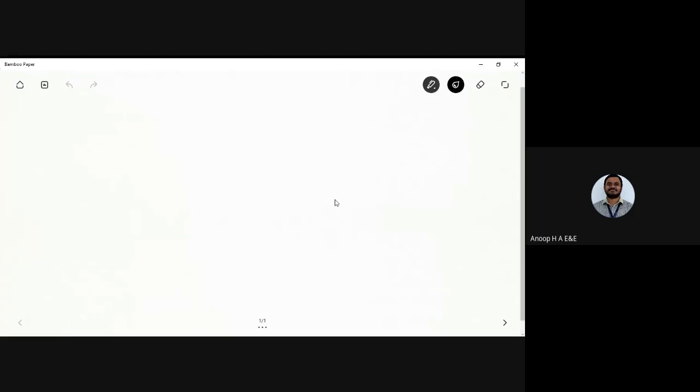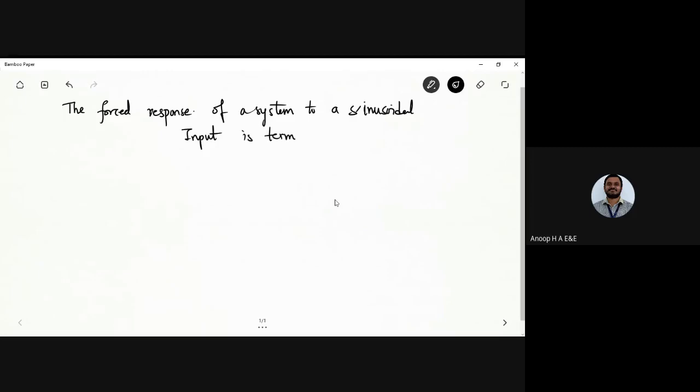One of the problems is given like this. The forced response of a system to a sinusoidal input is termed as the steady state response.